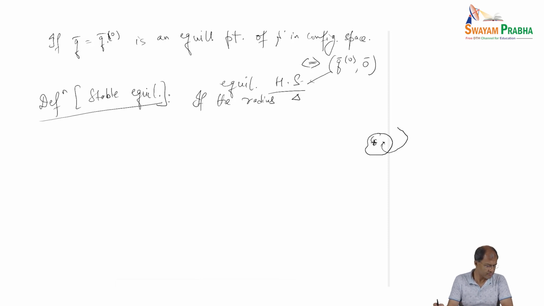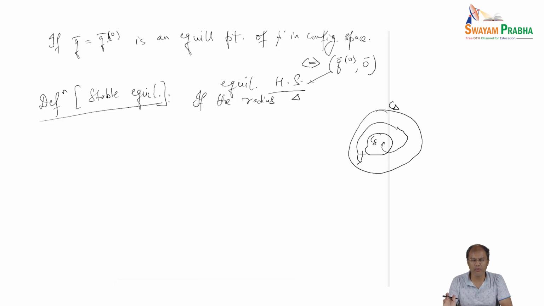And suppose these trajectories are all bounded inside a region C capital delta. That is, they all roam around, but they eventually stay inside a region C of capital delta, which is again a bounded region. We are talking in the Hamiltonian space, q comma p.